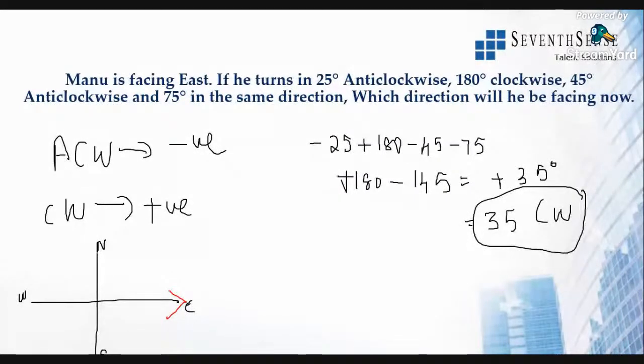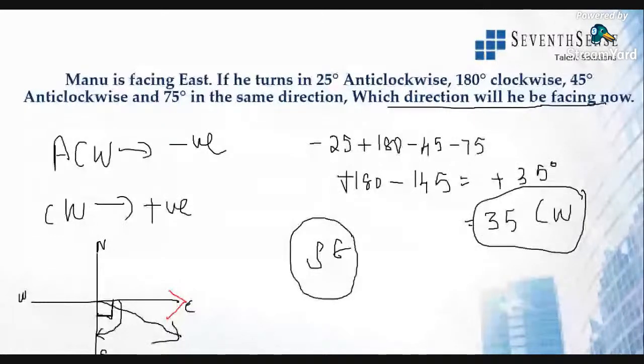If he is facing east, I already told you the direction between them will always be 90 degrees. To turn towards south, a person should turn 90 degrees. But here he is just turning 35 degrees, so it will be somewhere here. Which direction will he be facing now? It will be towards southeast. He will be facing towards southeast.